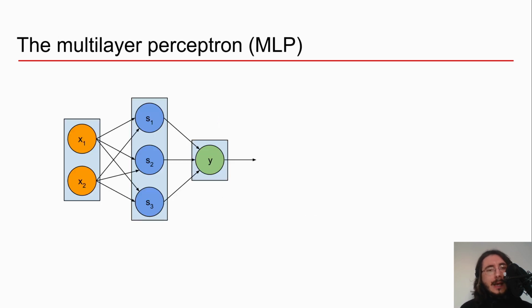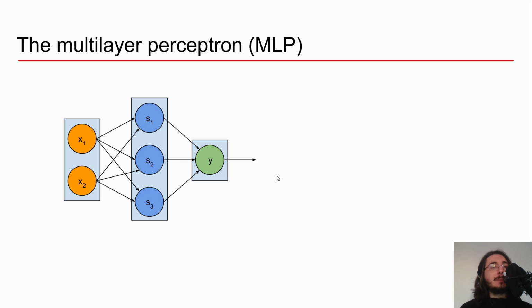A specific type of neural network, which is very common and was one of the first neural networks engineered back in the day, is called the multi-layer perceptron. Here the topology of the network is quite simple because you have a bunch of layers: an input layer, one or multiple hidden layers, and then an output layer.